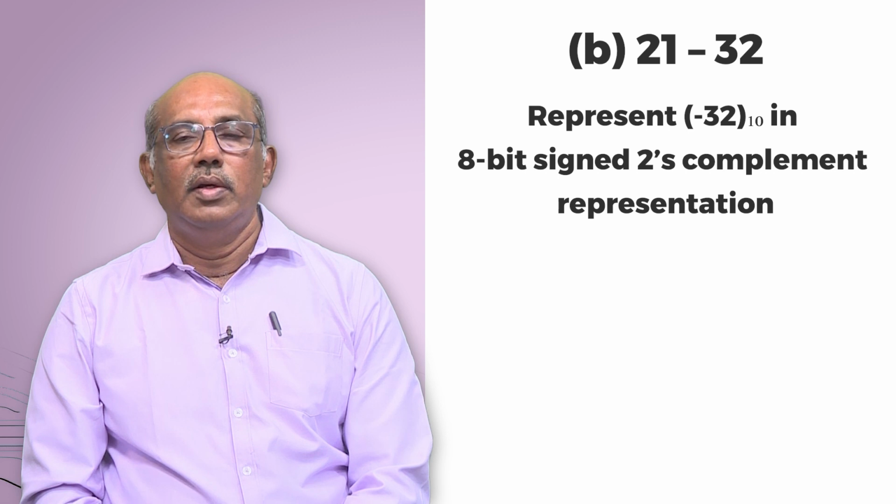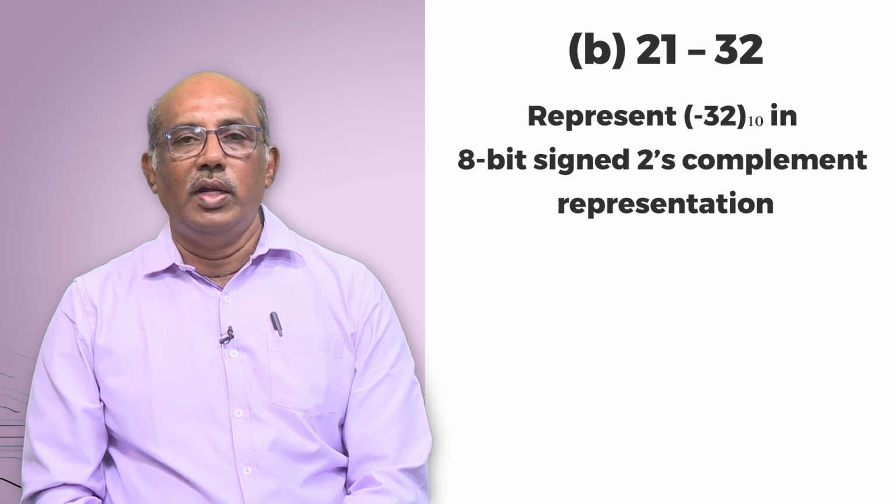We know that first we represent the positive number 32 in sign magnitude form. So, we get it as 0, 0, 1, 0, 0, 0, 0, 0 and convert it into 2's complement form. We have to observe the bit value 1. So, you have seen that you get the first one and after that you complement.